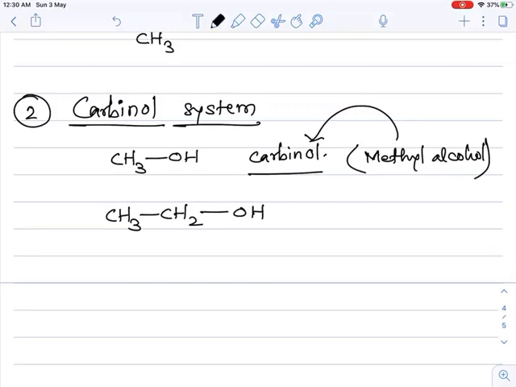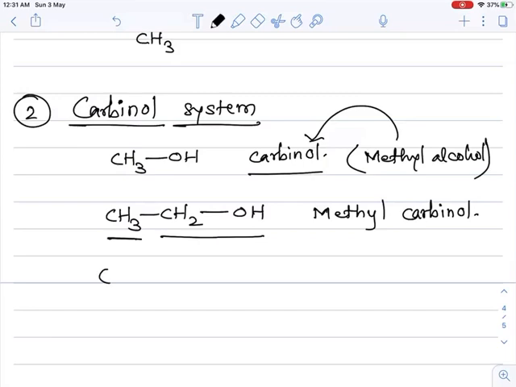So this is carbinol, to which this CH3 group is attached. Which group is attached to this carbinol? The methyl group. So according to the carbinol system, the name of this compound is methyl carbinol.